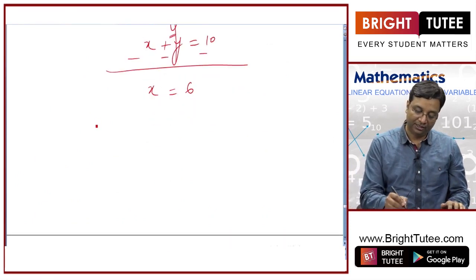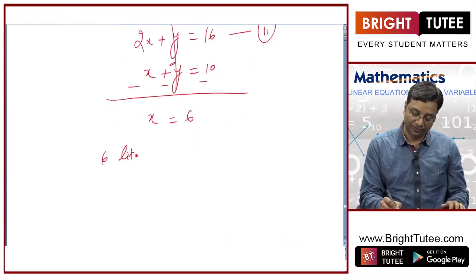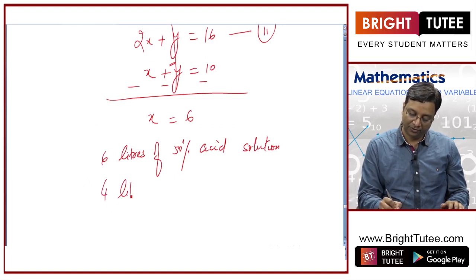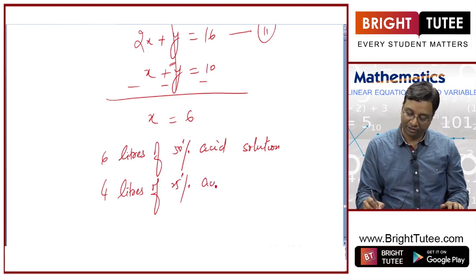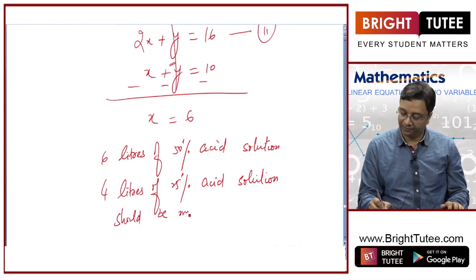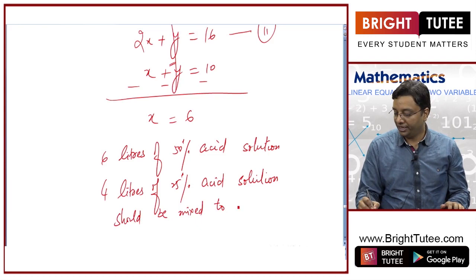So I will say 6 liters of 50% acid solution and 4 liters of 25% acid solution should be mixed to make 10 liters of 40% solution.